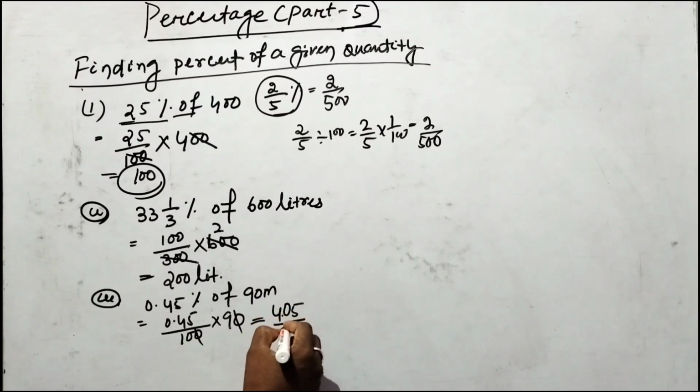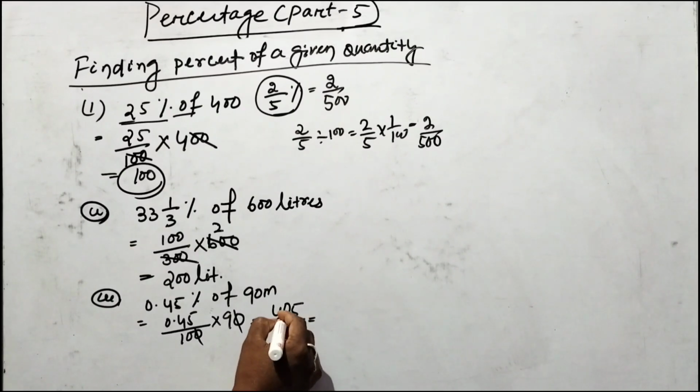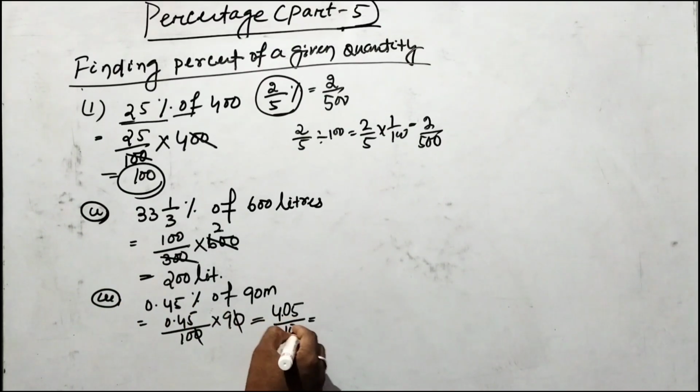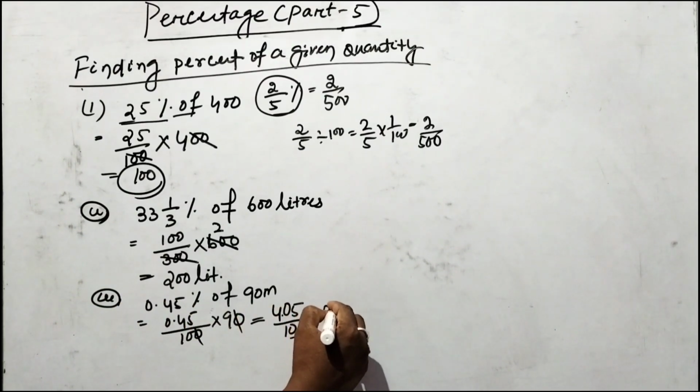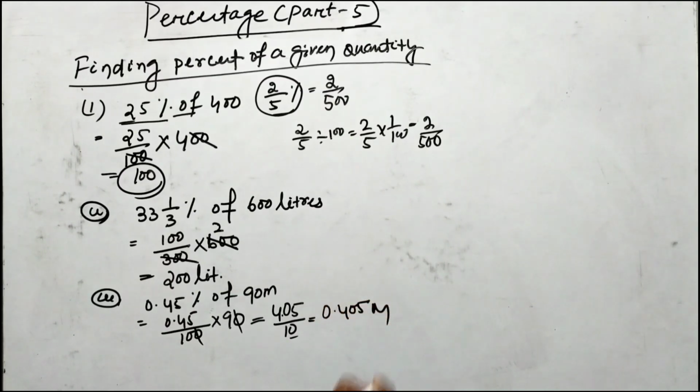Then here it is divided by 1000. When you divide by 10, 100 and so on, the point should be shifted towards the left by as many places as there are zeros in the divisor, so that is the answer: 0.405 meter.